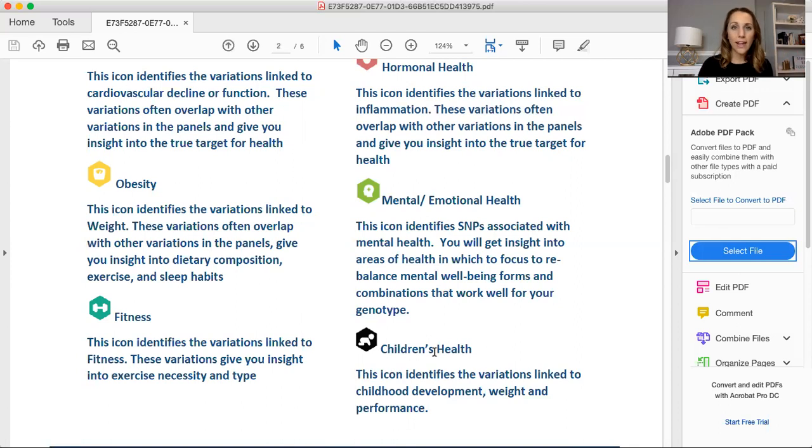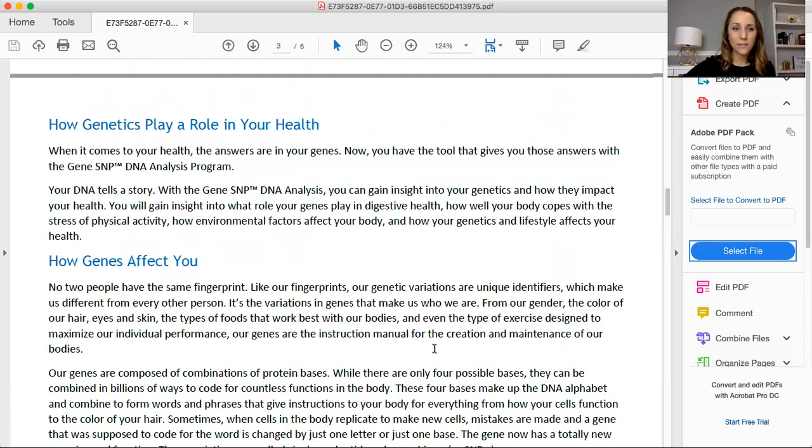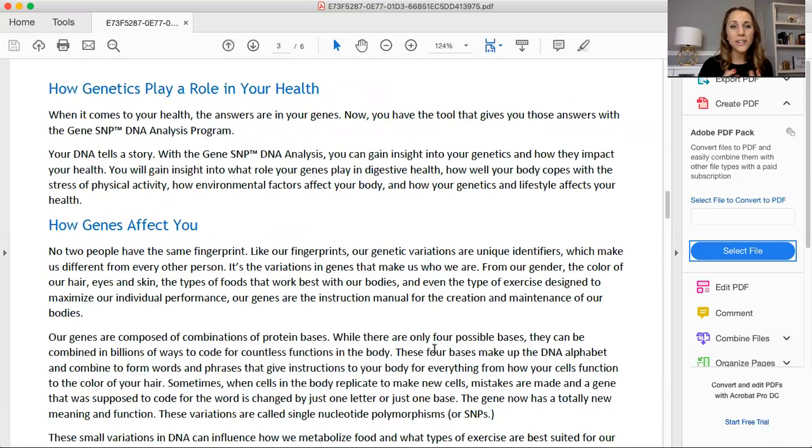And so if you have a predominantly red homozygous next to a lot of the genes that also have a mental emotional health symbol next to them, that is going to be the first priority when you're working with patients in lifestyle counseling. So really, when it comes to your health, we're finding that the secrets and the answers are in your genes. And finally, we do have a tool that gives you those answers.